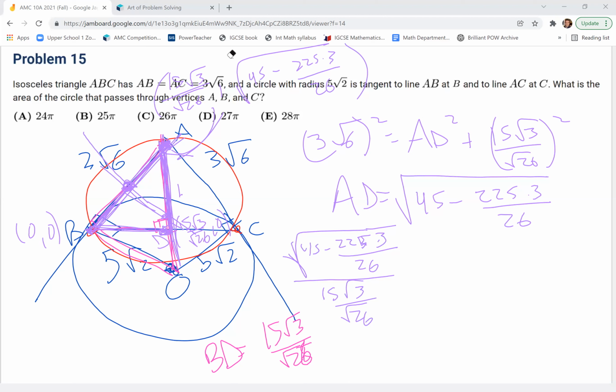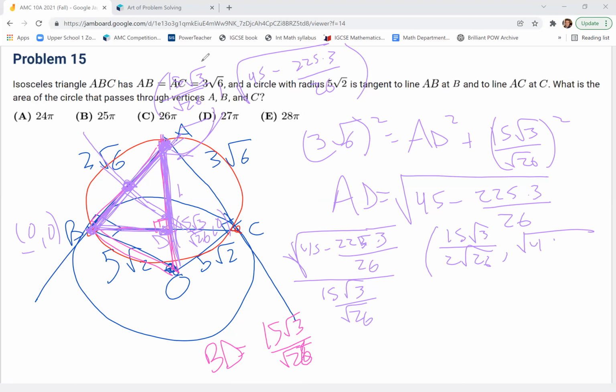So that would be the slope of the line. Now the midpoint would be 15 root 3 over 2 times root 26. Because remember, if I'm finding the midpoint from 0, 0, it's just going to be 0 plus 15 root 3 over root 26 divided by 2. So it's just dividing by 2, and then the same thing with the other one. It would be root 9 times 6, 54.